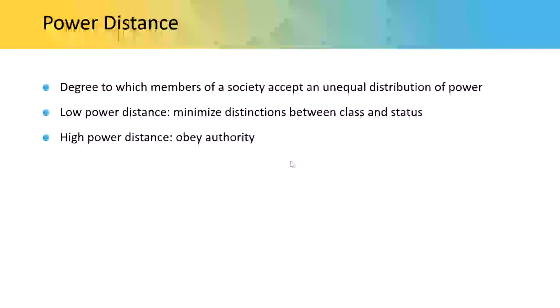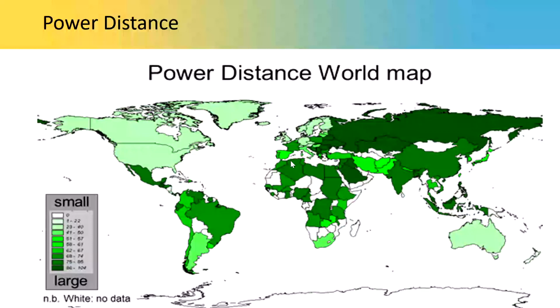So a high power distance, the tendency is to obey authority. In a low power distance, the tendency is to minimize distinction between class and status. This one I find interesting because it puts the U.S. at a very low power distance.